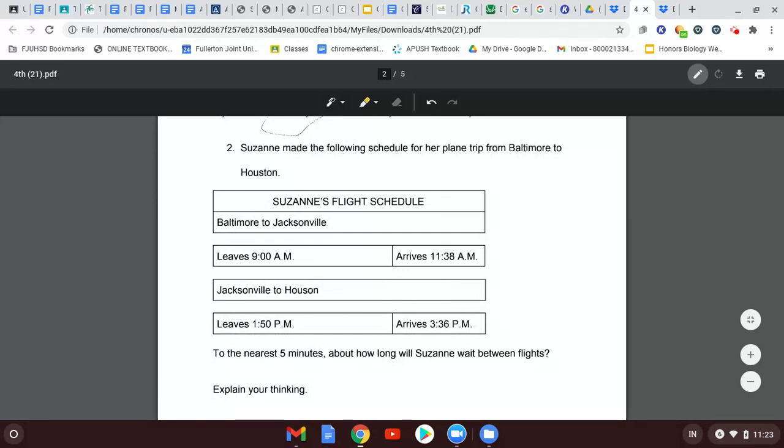If it arrives at 11:38 but leaves at 1:50 p.m., let's round 11:38 to 11:40, right? Because then that'll be easier for us. Okay, and then 1:50.